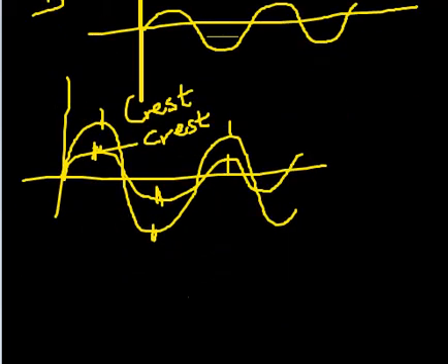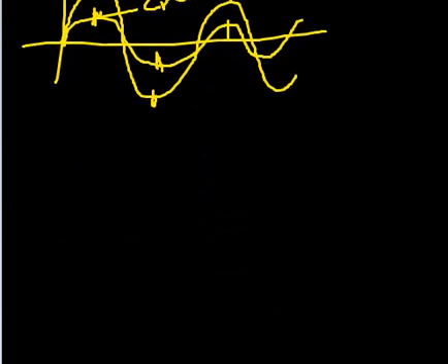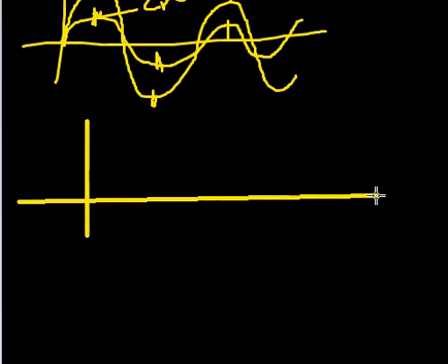But if these two waves are out of phase, they might end up cancelling out. Let's see a situation where they're 180 degrees out of phase. And of course, 180 degrees out of phase simply means that one is positive and the other one is negative.